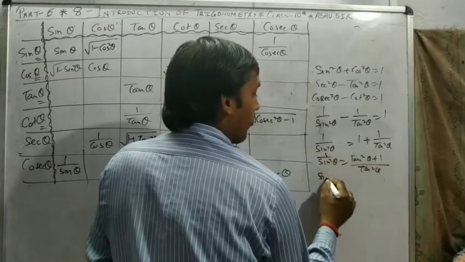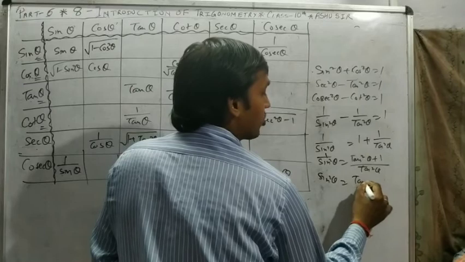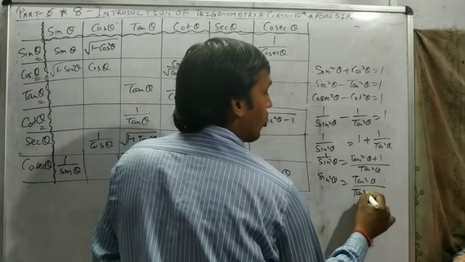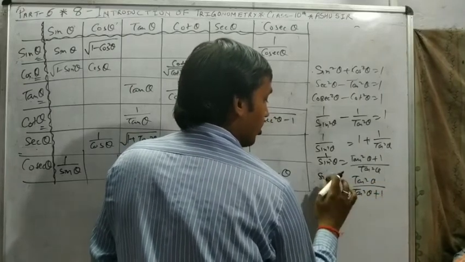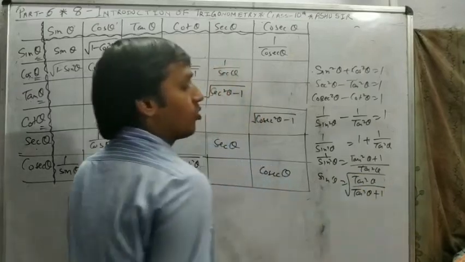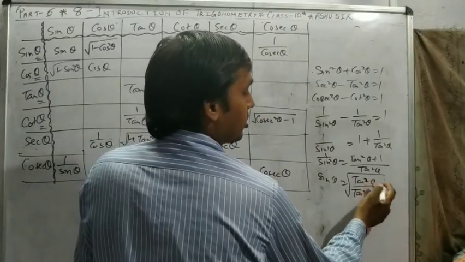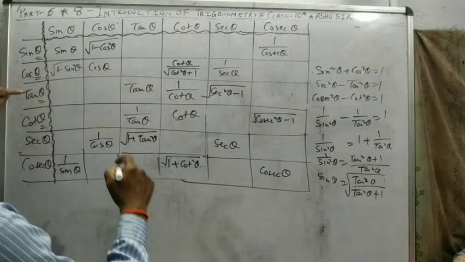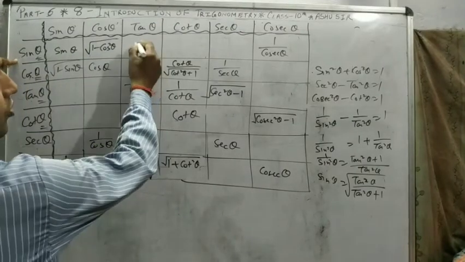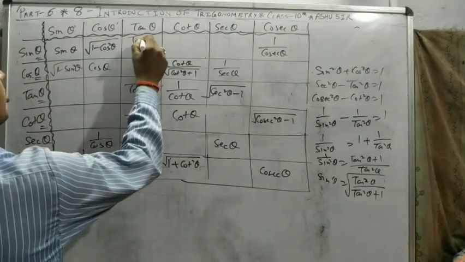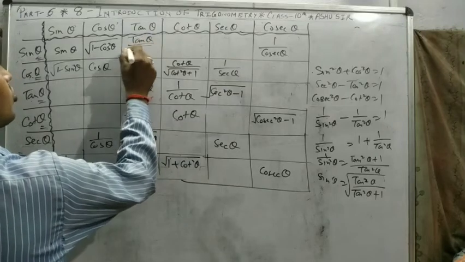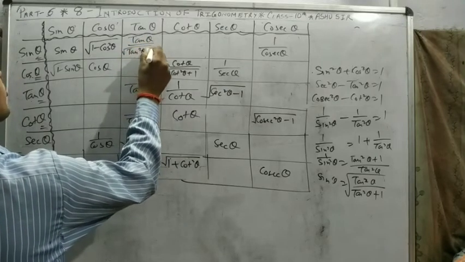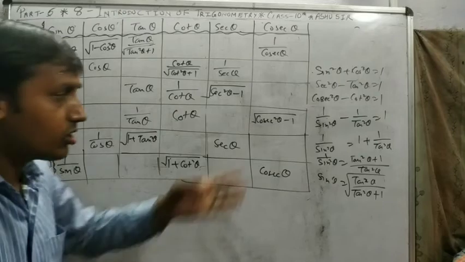This is the reciprocal form. So sin square is tan square upon tan square plus 1. Square cancel, square root. Tan is separate from the square root, so we get sin in terms of tan, that is tan theta upon root of tan square plus 1. So easy to find them.